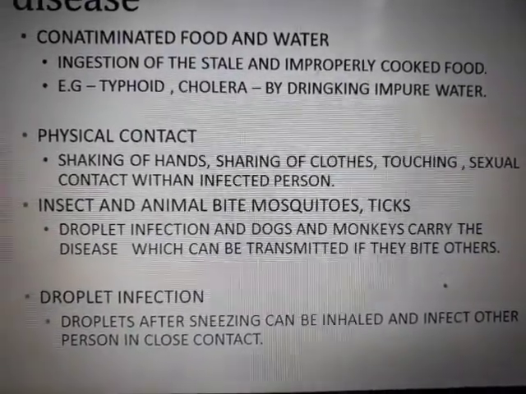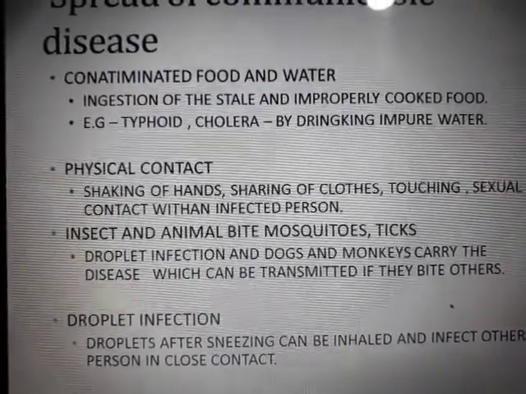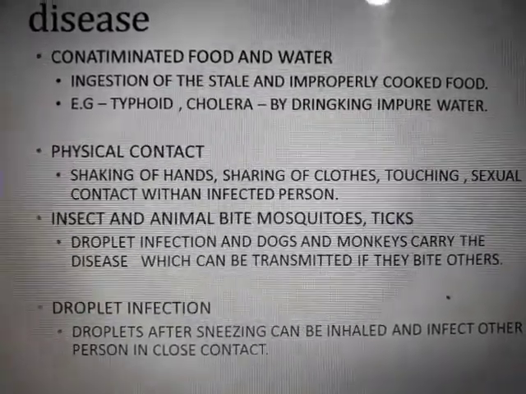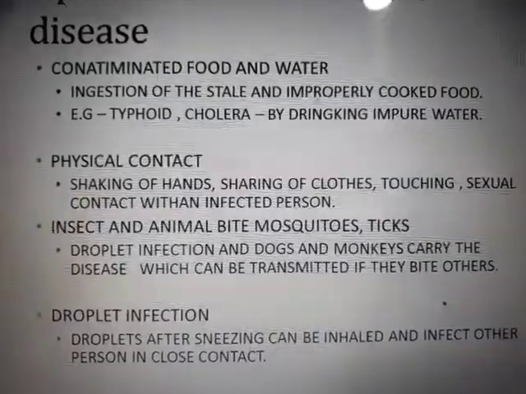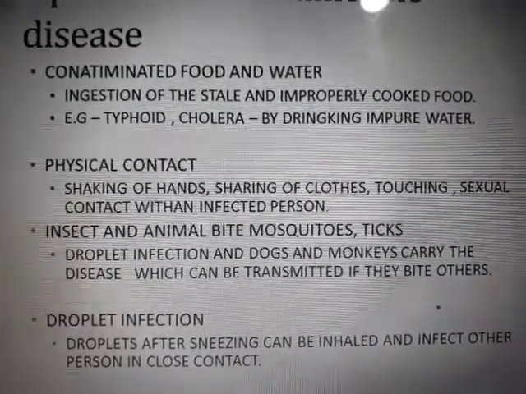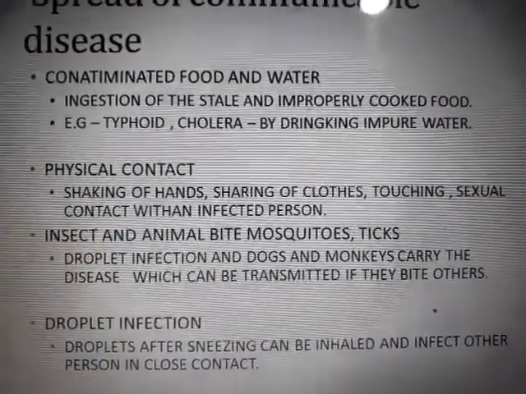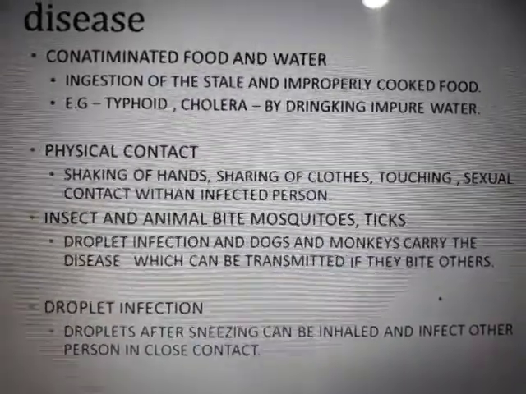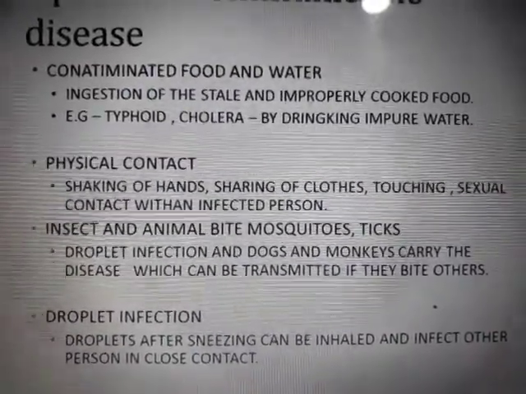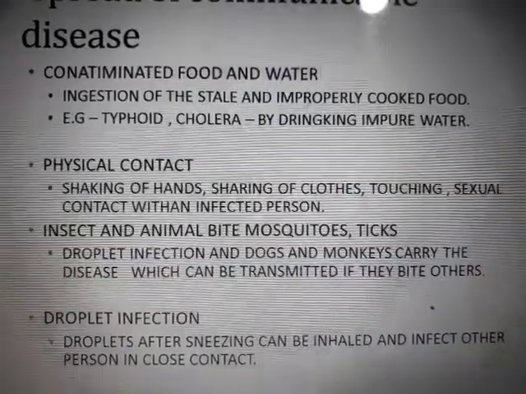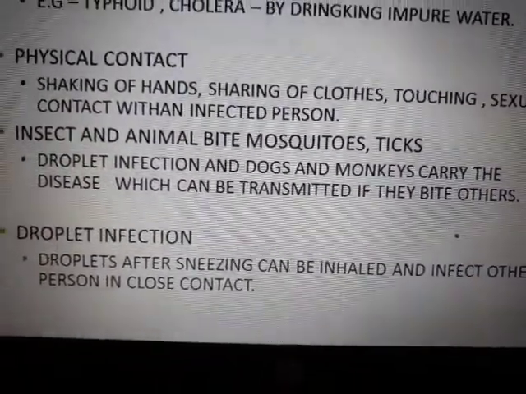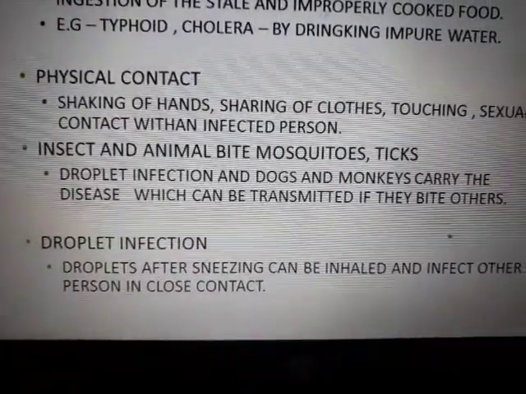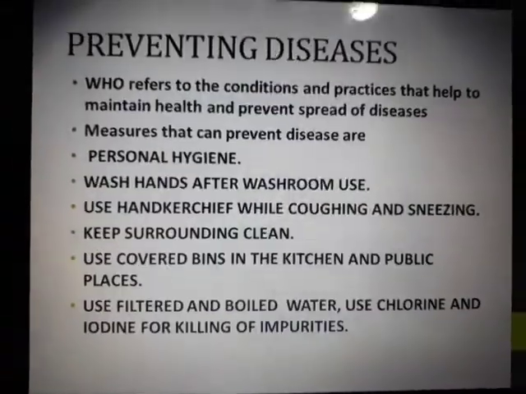Then insect and animal bites: mosquitoes, ticks. Droplet infection, nowadays this COVID situation, because of which we are wearing masks and need to be very careful. Then there are ticks on dogs and monkeys, which bite us and transfer the disease. Then droplet infection, obviously sneezing and coughing, which can be inhaled by another person and get them infected.